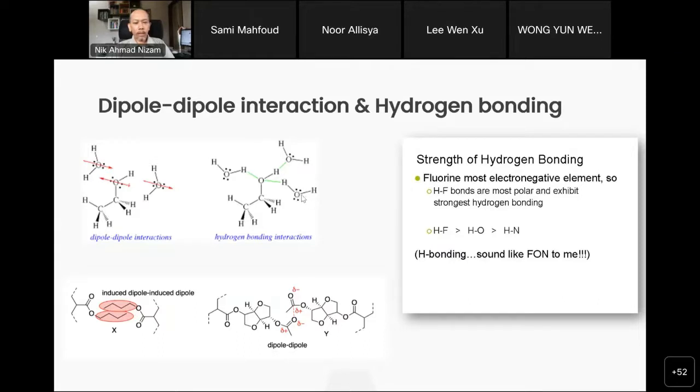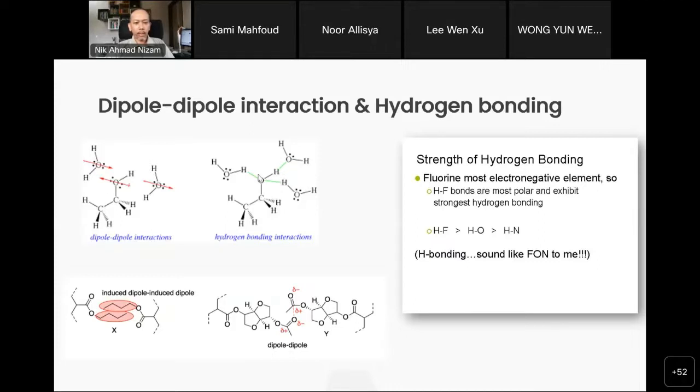However, there is no interaction between this oxygen and the hydrogen attached to the carbon. Why? Because for the CH, the electronegativity difference is very low, but for the OH, the electronegativity difference is very large.